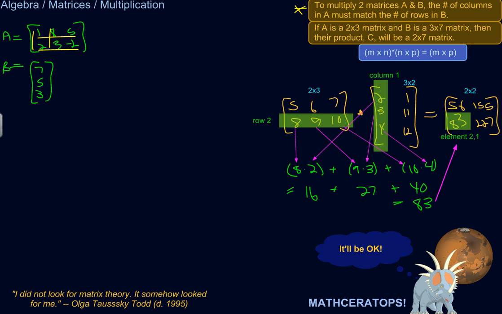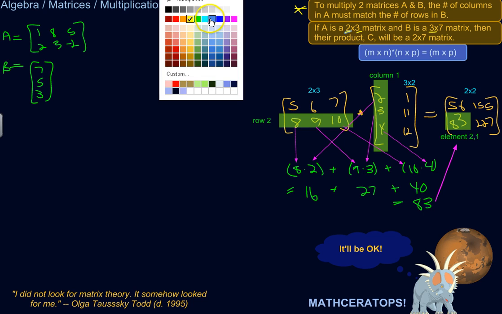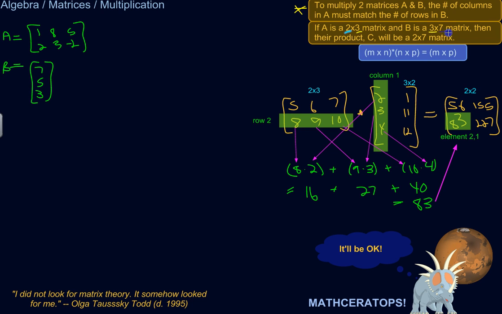Okay, but I'm going to erase all that. If A is a 2 by 3 matrix and B is a 3 by 7 matrix, then the number of columns of the first matches the number of rows in the second, so that's good. You can do that. Furthermore, the matrix that is the product of these two will have the dimensions 2 by 7.